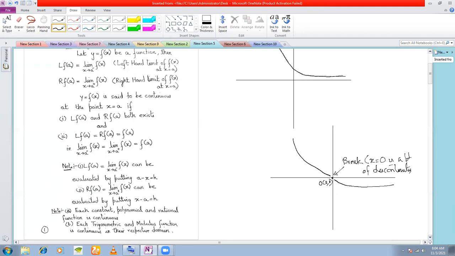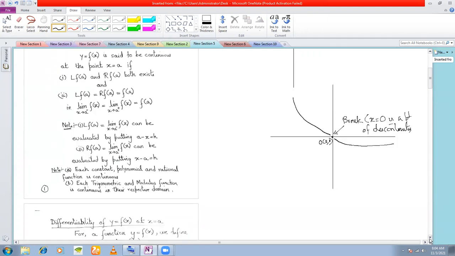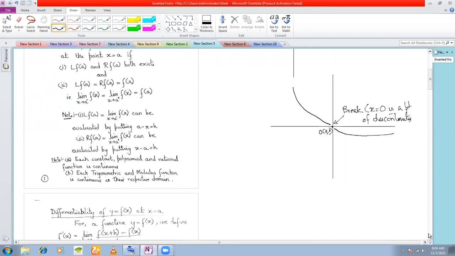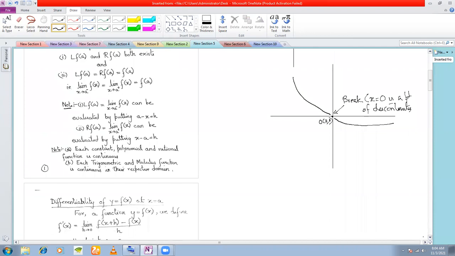Now, how will you check whether a graph is continuous or not? Do you actually draw the graph and then check? No, you will not draw the graph and then check. Suppose I give you the equation of a curve as y = f(x).